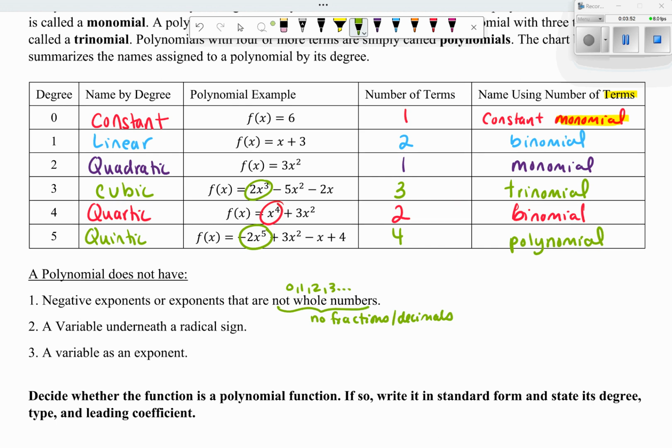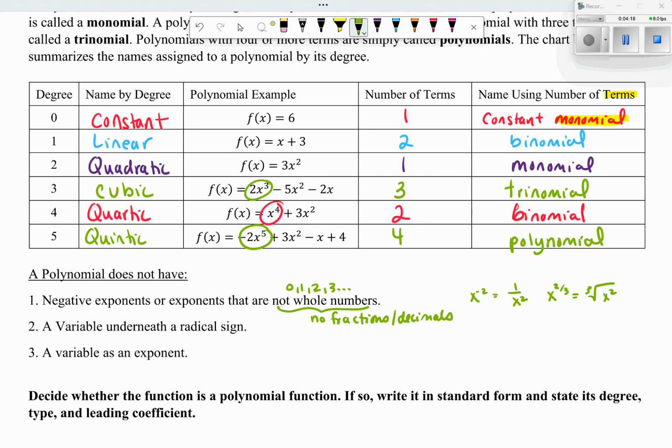If I were to have x to the negative 2, that's really equal to 1 over x squared, which is why we can't have negative exponents. And if I have a fraction exponent, such as x to the 2/3 power, that's equal to the cube root of x squared. That's again why these are not polynomials, because 1 over x squared is a rational function, and this one is a cube root function.